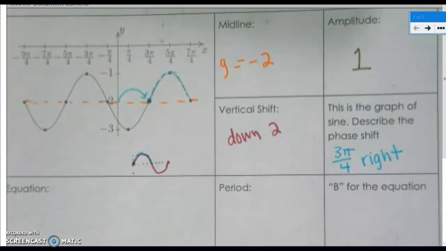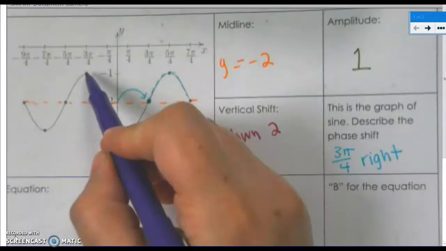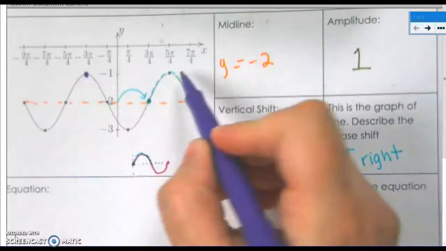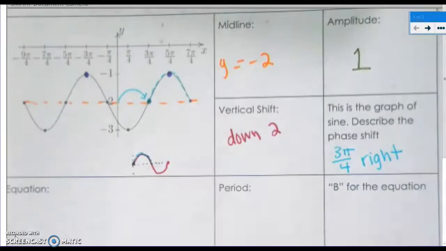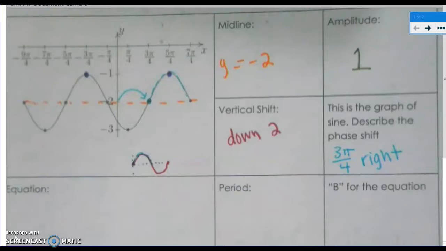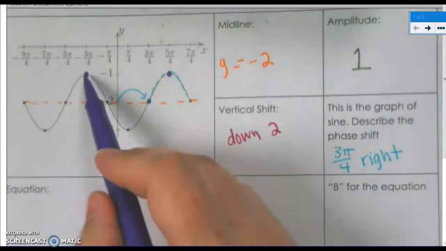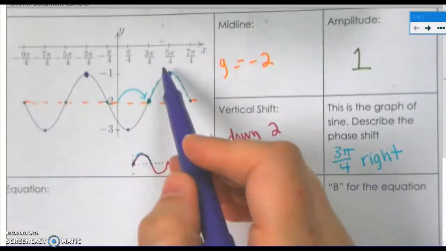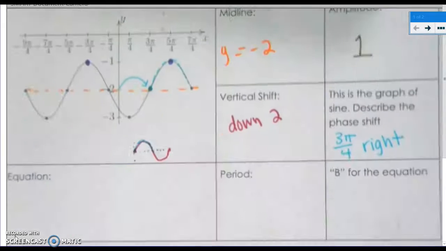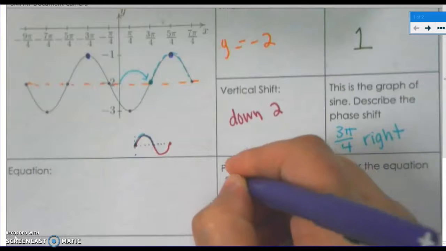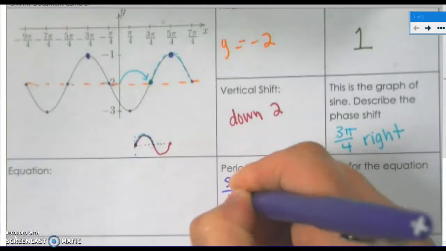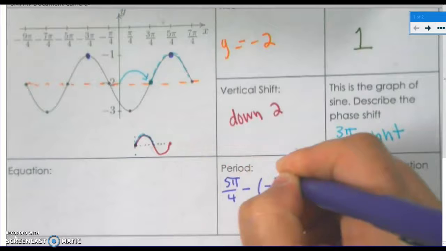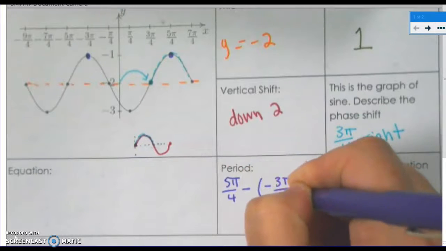All right, the period. So from -3 pi over 4 to 5 pi over 4, the way that you can figure out the distance in between these two is to subtract them. So I'm going to do 5 pi over 4 minus -3 pi over 4.